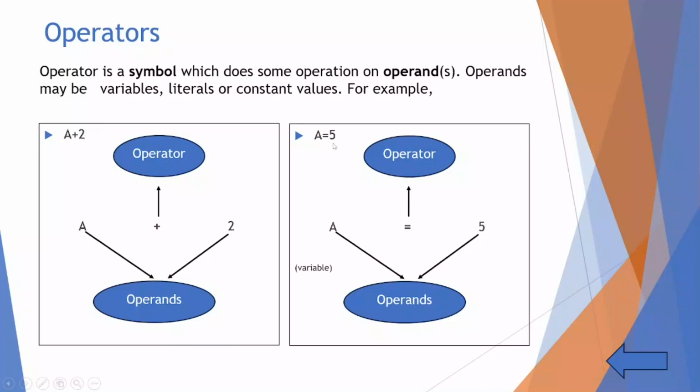Another example, a = 5: equal to is the operator, a is a variable operand, and 5 is an integer literal operand. So an operand can be a literal or a variable, but we use an operator between those operands.